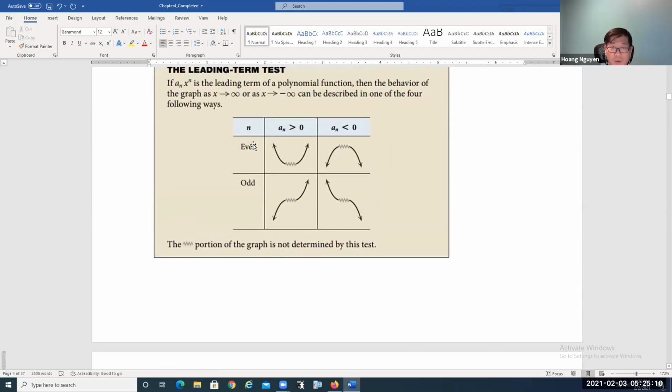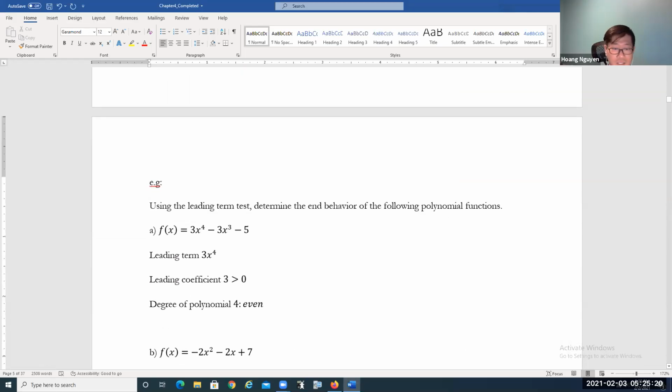Based on the table, we have n is even and a is more than 0, so it's going to go up to the left and up to the right. They're both going up on the left side and on the right-hand side. So that's how we use the leading term table to determine the end behavior.